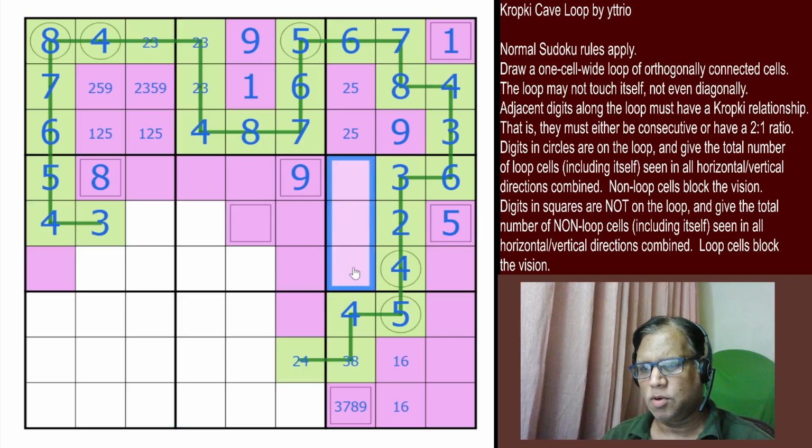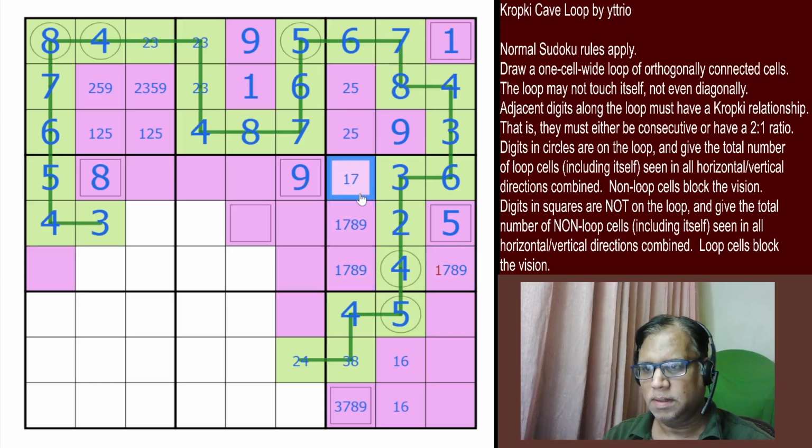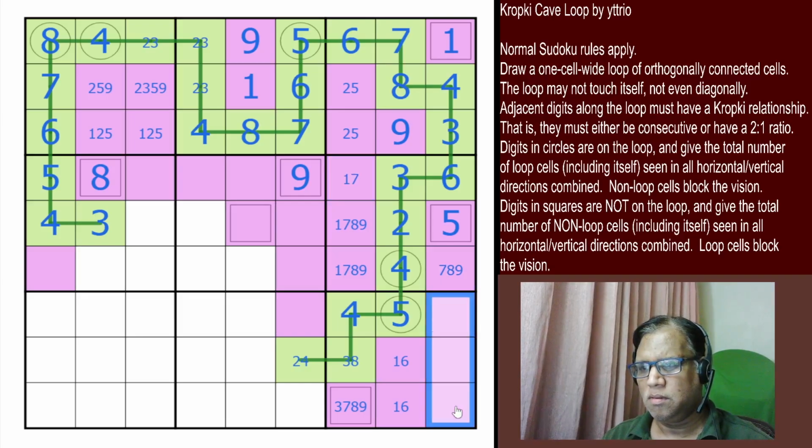What are these 4 digits? 1, 2, 3, 4, 5, 6, 1, 7, 8, 9, right? That's not 8, 9, and that's not 1. That's 2, 7, 8, 9, right? 2, 7, 8, 9.